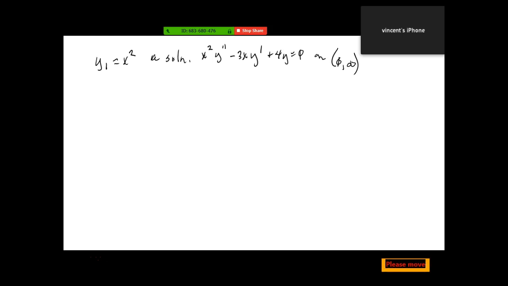Now, they say it's the solution. Of course, my first reaction is, let's verify. So y1 prime is equal to 2x, and y1 double prime is equal to 2. So this would give us 2x squared minus 3x times 2x, which is minus 6x squared, plus 4 times x squared.